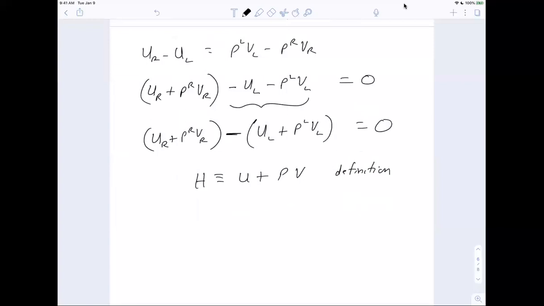So everything with this indicator R is for the final state when the gas has moved through the porous material. So this is just H of the right. This is the enthalpy. And then the second term is just the enthalpy of the left.